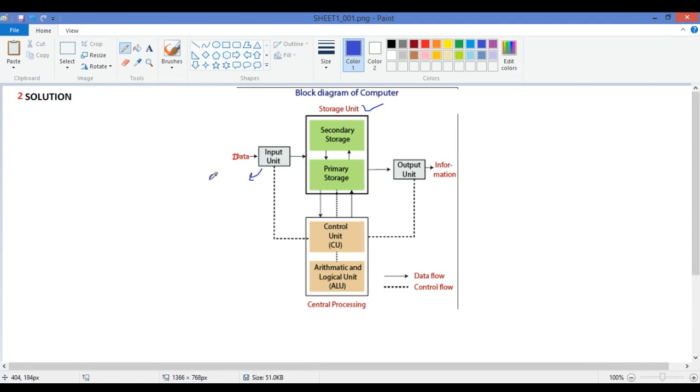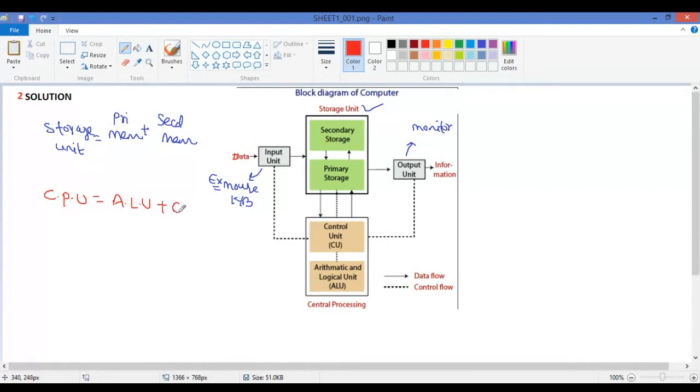Examples of input units are the mouse and the keyboard. For output units, you have the screen and monitor. The storage unit is nothing but a combination of primary memory plus secondary memory, whereas the central processing unit, your CPU, is a combination of the arithmetic and logic unit and the control unit.